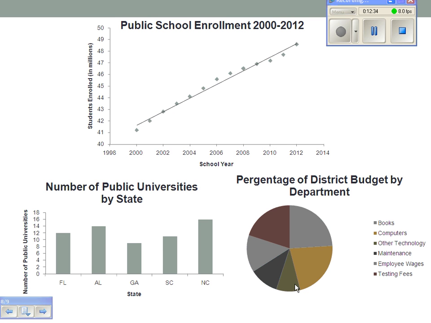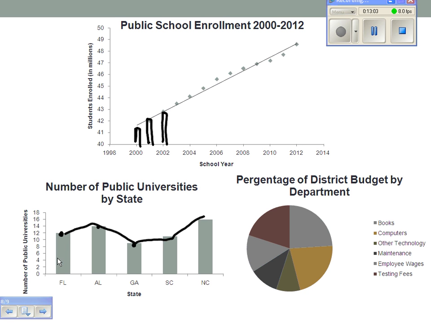So just to talk about the difference between a line and a bar graph a little bit more, it is possible to make this a bar, okay, that a bar, this a bar, and so on. And it's possible to make this a dot, that a dot, this a dot, and connect these dots. Okay, but look down here at this bar graph.